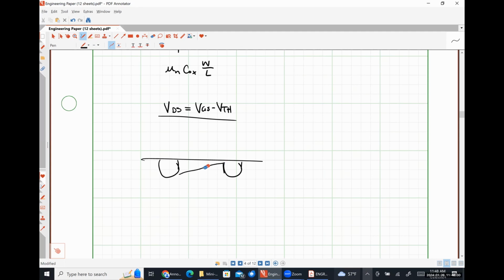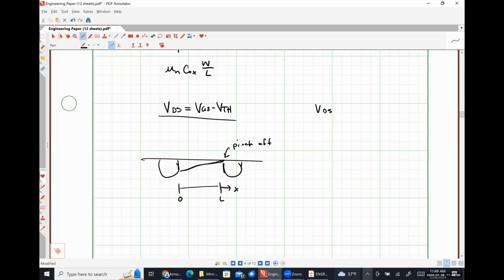So our charge distribution in our channel is linearly changing from the source side to the drain side, and our pinch off point occurs at exactly the full length of our channel, right?